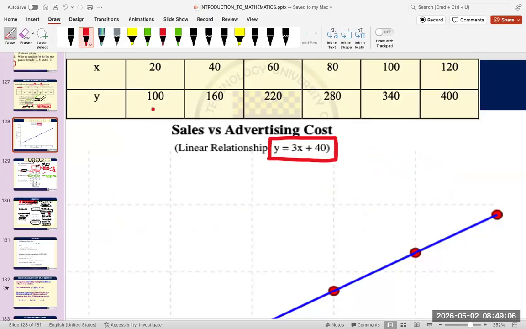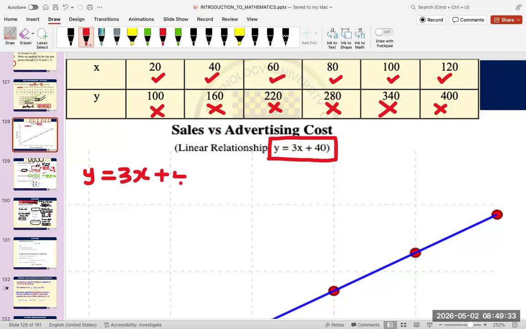Let's assume we don't know this, this, this, or that, and we only know the top ones, the x values. Let's see how we can find y. So this is our equation. y equals 3x plus 40. When x is 20, what will be y?